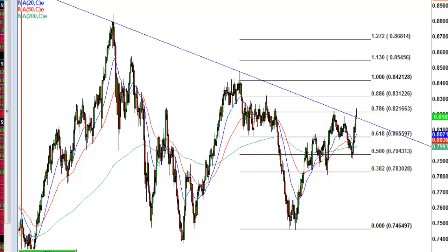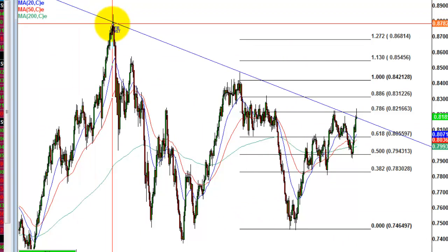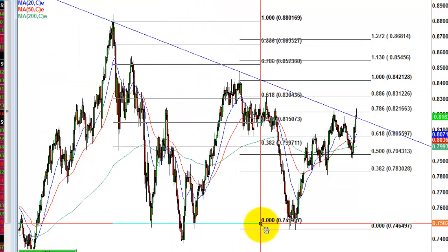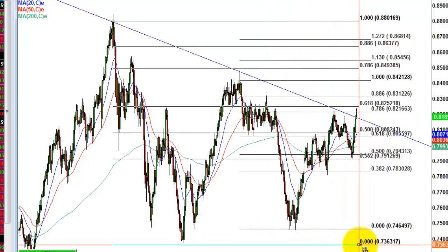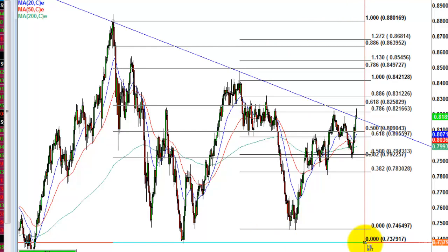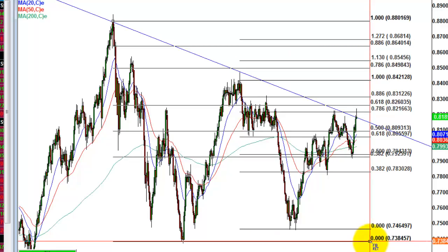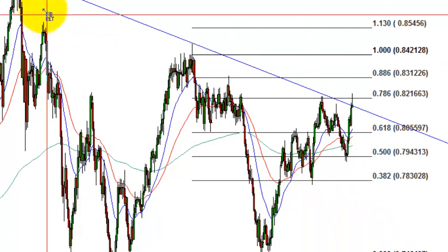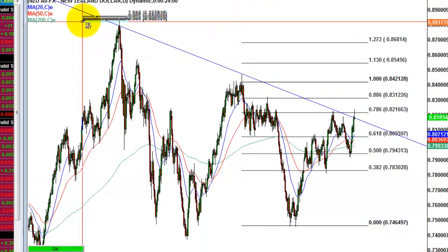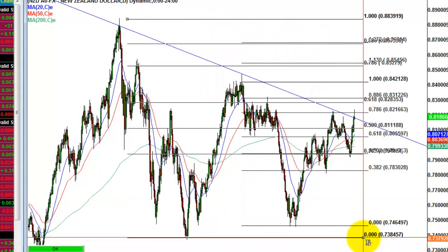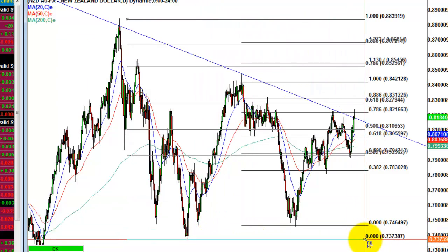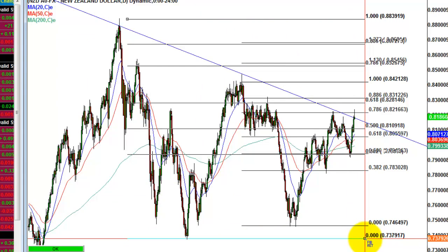However, if we take it from this swing high here as well, and take it down to the bottom, do we have a cluster, which is where we get the price action overlapping with multiple Fibonacci levels? No, we don't. In order for us to get a cluster, we'd want our fib to be taken from this swing high to this swing low, the lowest point, and for the high test bar to be interacting with a Fibonacci number on the new fib we've drawn, but it isn't doing that, unfortunately.